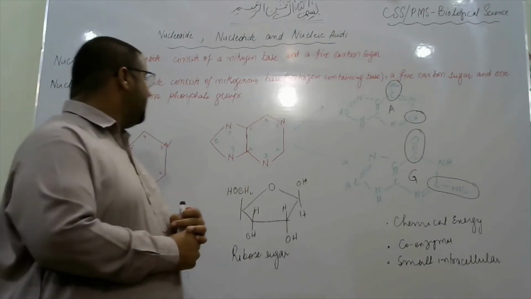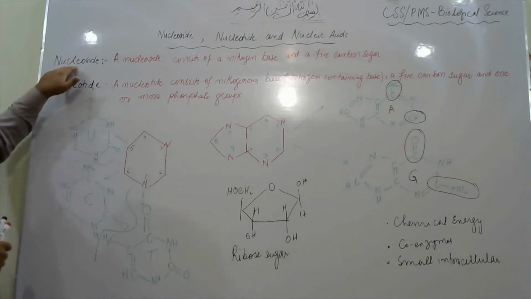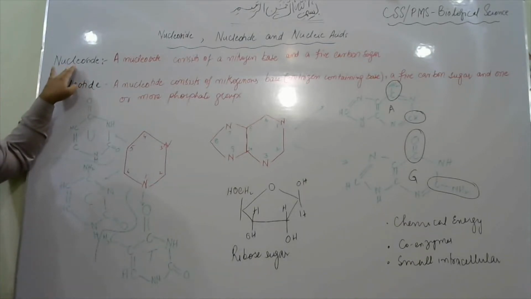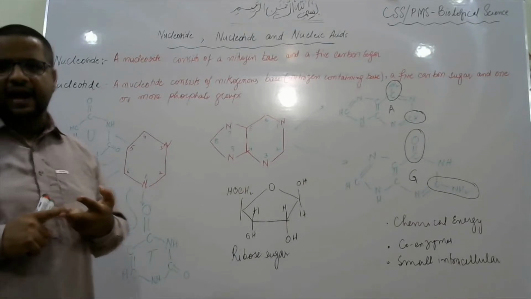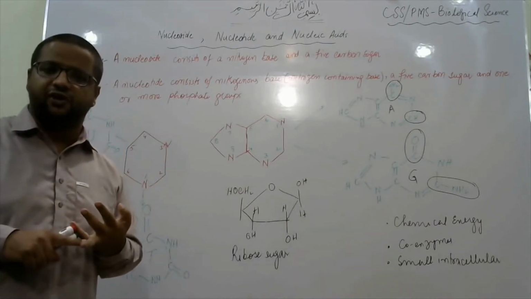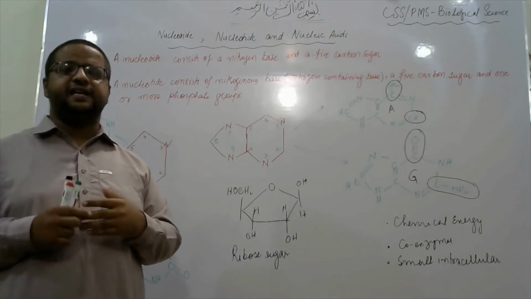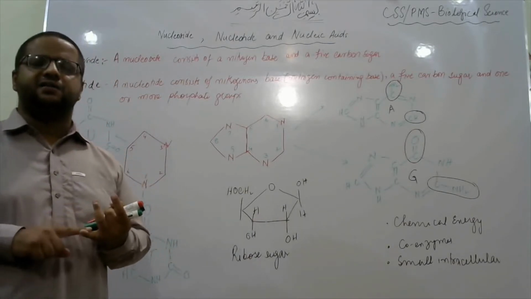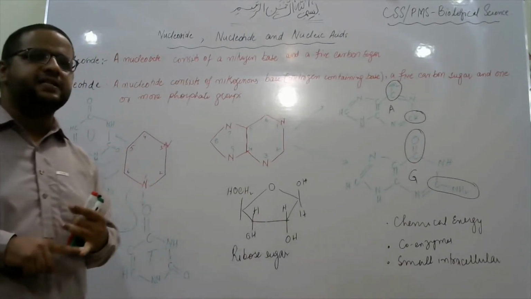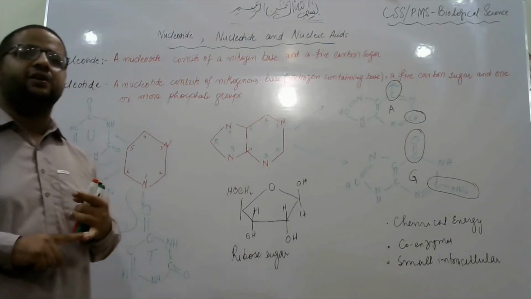A nucleoside consists of a nitrogenous base and a sugar, while a nucleotide consists of a nitrogenous base, sugar, and one or more phosphate groups. So the only difference between nucleotide and nucleoside is the phosphate group. This is one of the basic differences between nucleoside and nucleotide.